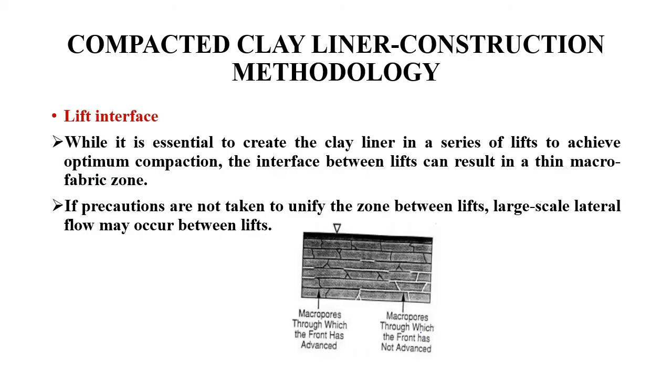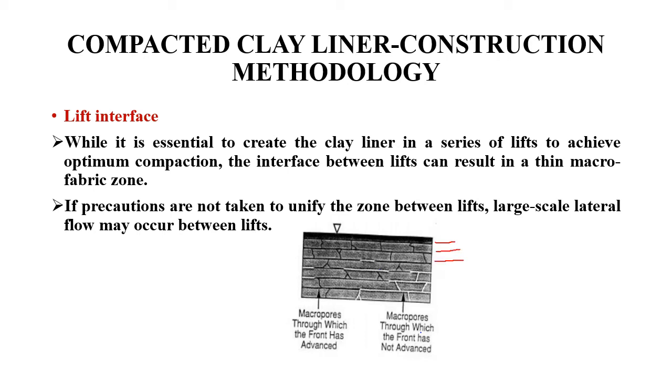So another construction technique that we have to follow is for the lift interface. Now we know that the compacted clay liner is constructed of several lifts and then made up to the total thickness for which it has been designed. So sometimes between the lift interfaces, see that this is one lift, this is another lift.